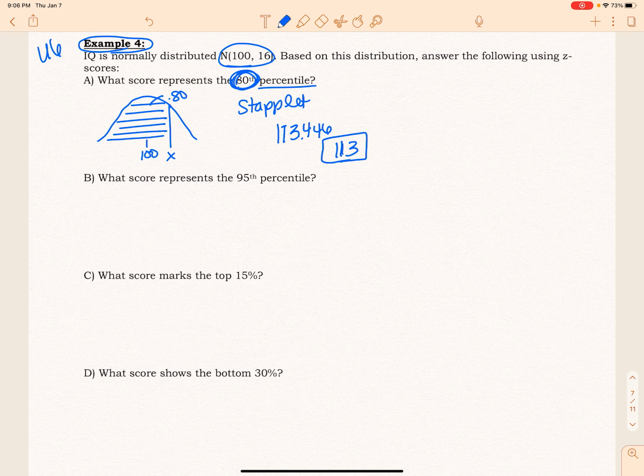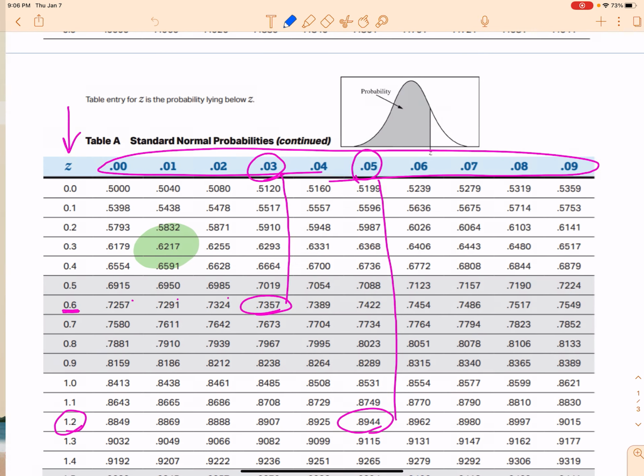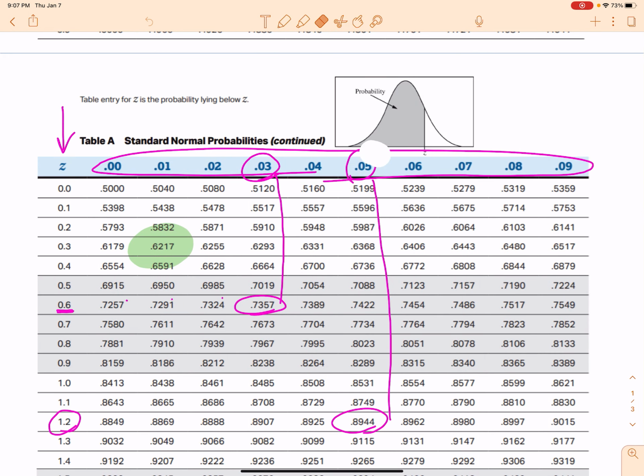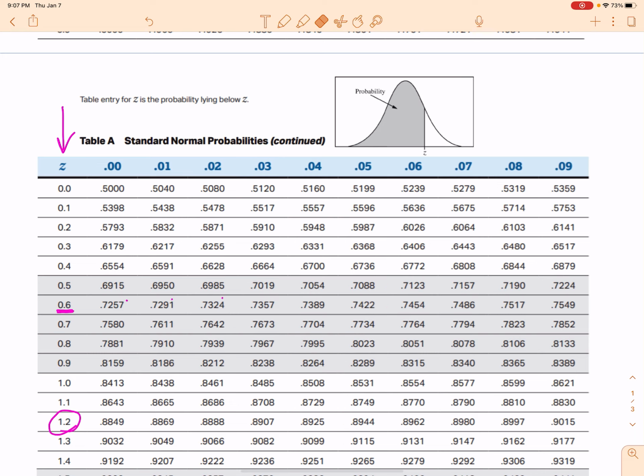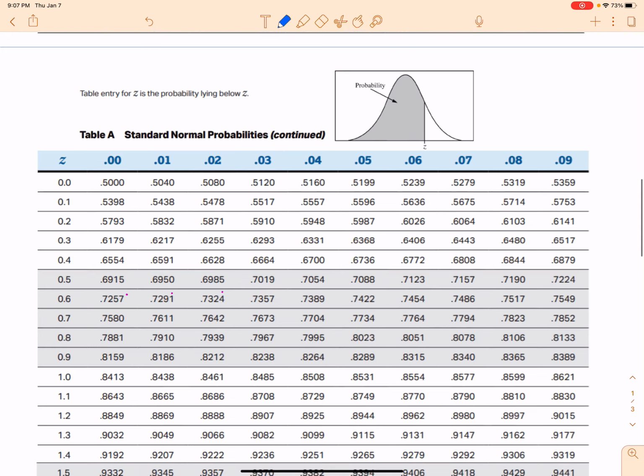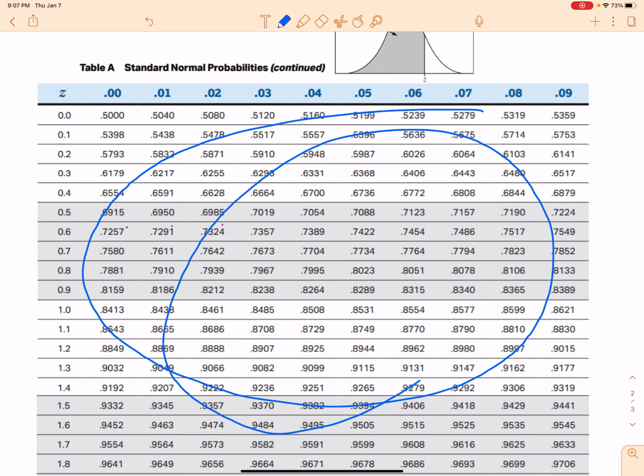All right, the other way you can do this is using the chart. And with the chart, this one gets kind of tricky because it's all estimation. So the 80%, normally we would use the chart in the other way. We would be using the z-score to find the area. But this time, we're going to have to backtrack. So remember, all these values in here, this part of the chart, these are all the values for area.